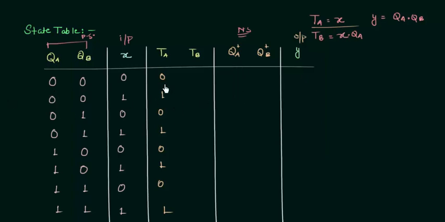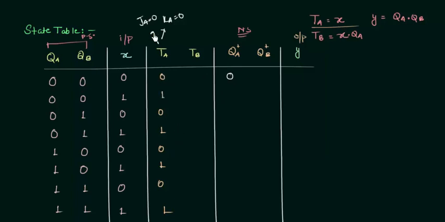QA is 0, TA is 0. TA 0 means JA is equal to 0 and KA is equal to 0, and when JA and KA are 0, it means memory. When it is memory, the next state is equal to the present state. The next state is QA plus, and the present state is 0, so QA plus is equal to 0.